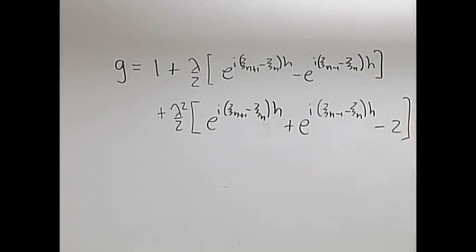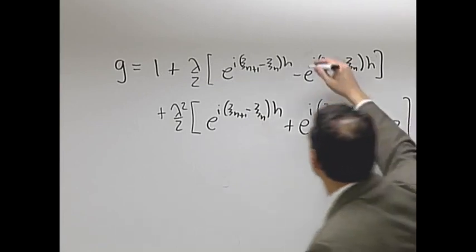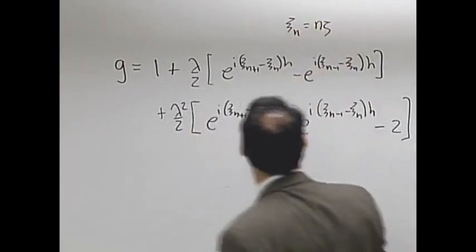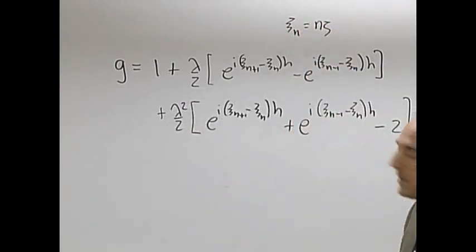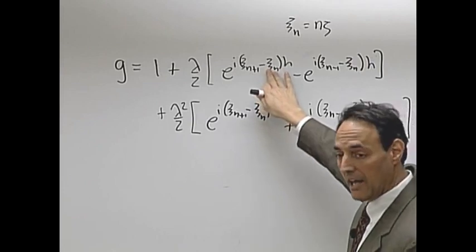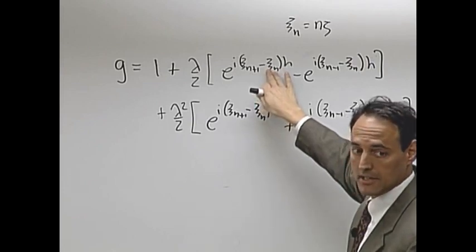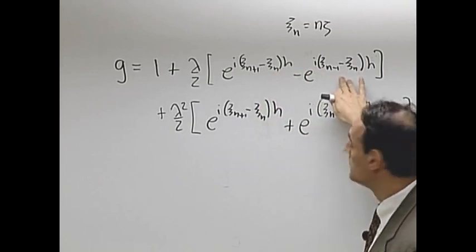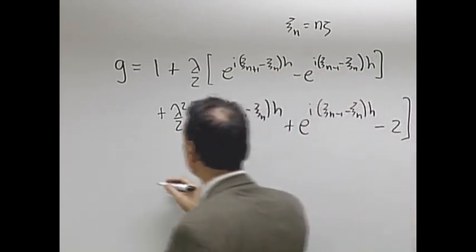This is what you get. Fairly clean. Okay? Once again, you assume that your c of n are n zeta. And if you do that, then this becomes e to the I n zeta minus e to the minus I n zeta. Okay?